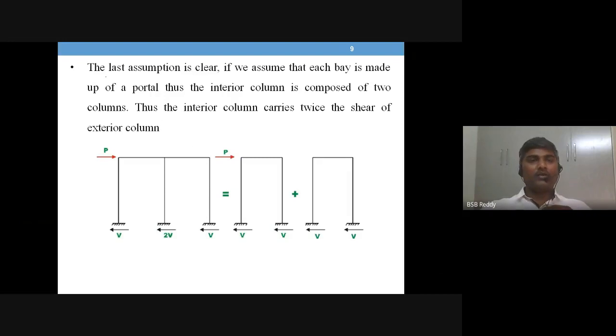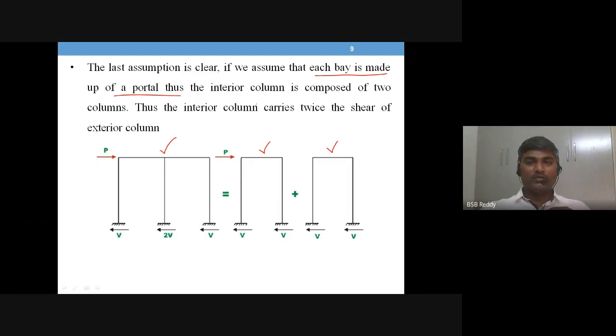Let us see why that assumption was made by Smith. Assume that each bay is made of a portal, like the original frame split into different portal frames. This is one such portal frame, and then the second one.